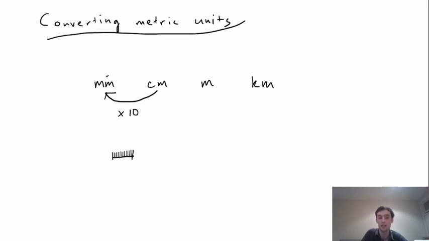If you want to go in the other direction, you have to do the exact opposite, which is dividing it by 10. By the way, the prefix of the word centimeter, cent, sounds a little bit like century.